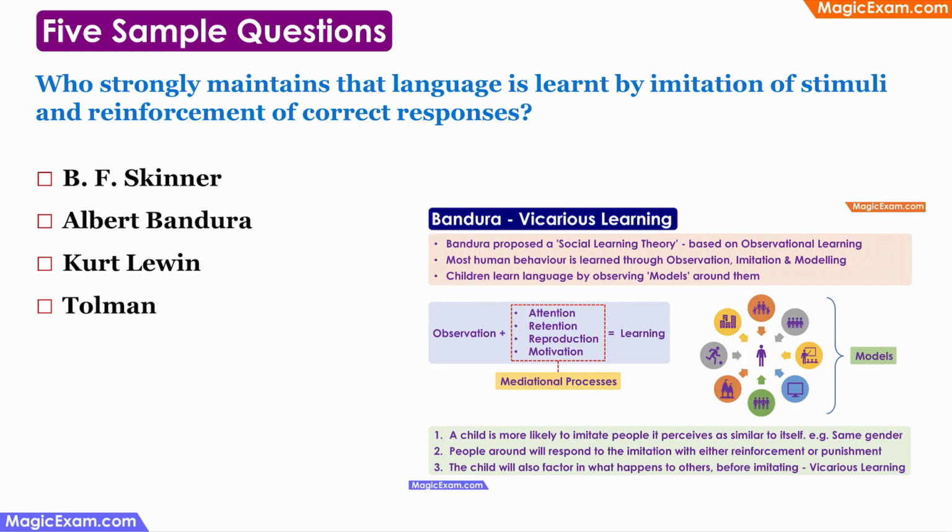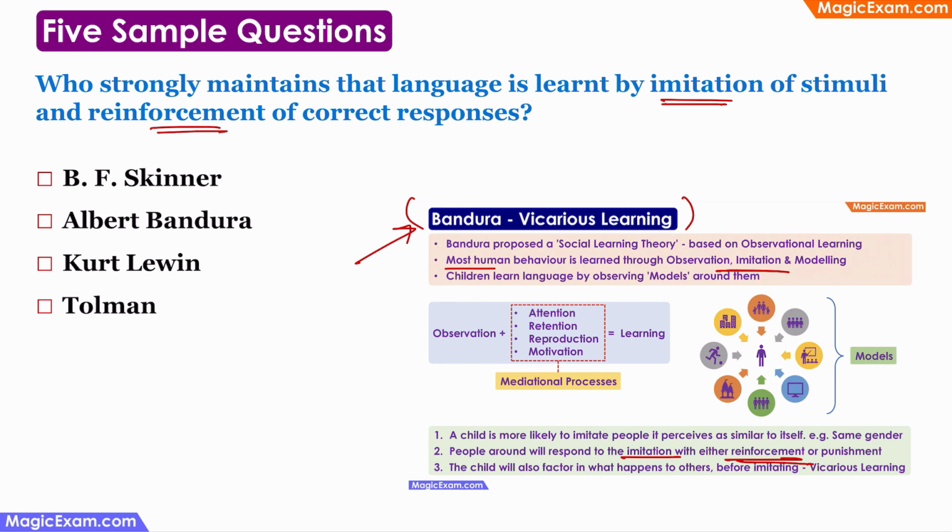Who strongly maintains that language is learned by imitation of stimuli and reinforcement of correct responses? If you remember, we studied about Bandura's vicarious learning theory, in which he says that most human behavior is learned through observation, imitation, and modeling. He also says that people around will respond to such imitation with either reinforcement or punishment.